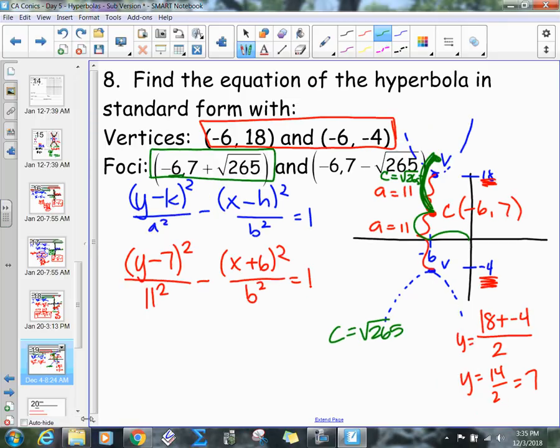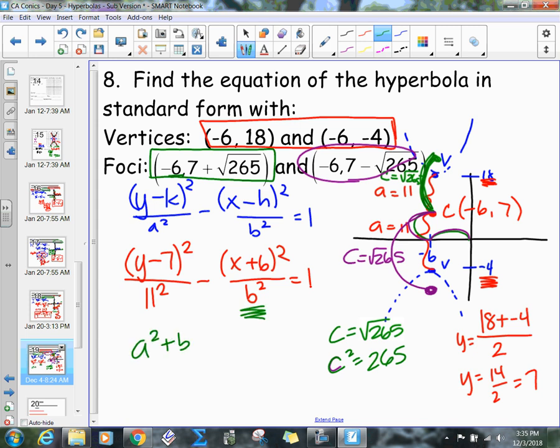Check it out with this other point. Maybe I'll pick a different color here. Okay, let's look at this point right here. I'm going to go back 6, up 7, and then I have to go down the square root of 265. That's my c value. Again, c² is just 265. And to find b, we're going to do a² + b² = c². So a² is 121.